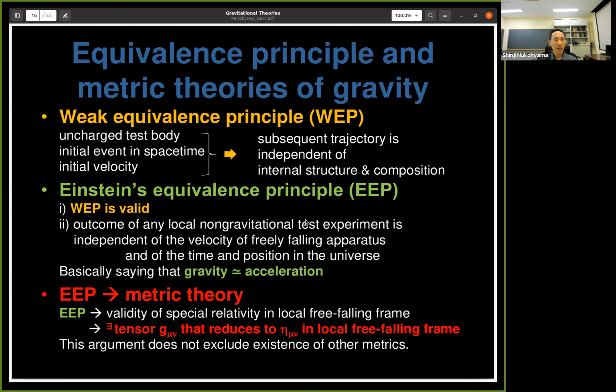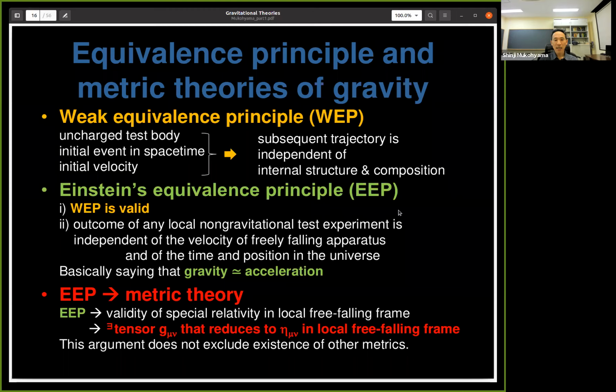And Einstein invoked more than that. He assumed that the weak equivalence principle is valid, and also that the outcome of any local non-gravitational test experiment is independent of the velocity of the freely falling apparatus and of the time and position in the universe. This basically tells us that gravity is equivalent to acceleration. If these two are satisfied, we say that the Einstein equivalence principle holds.